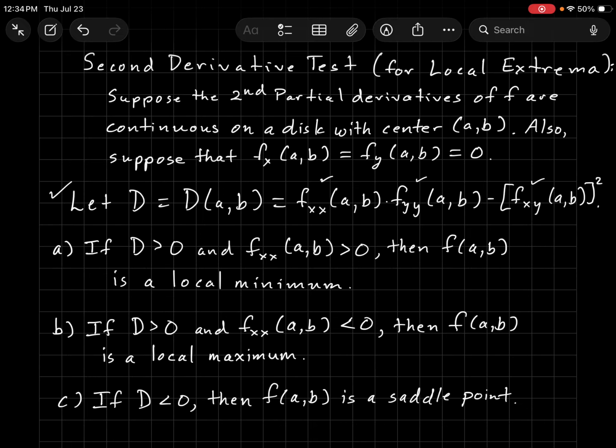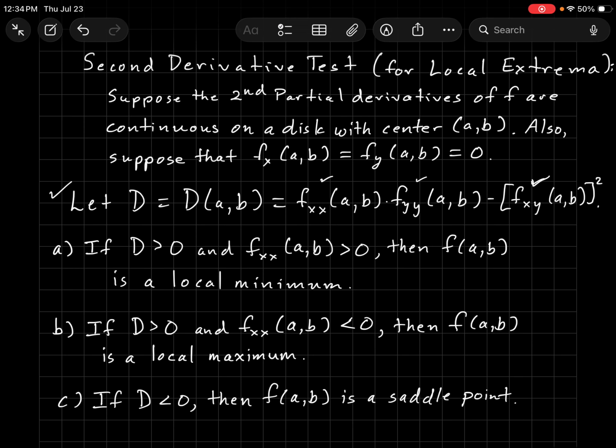And just a quick note, when the second partials are continuous, then f_xy equals f_yx. So it's really f_xy times f_yx, but we simply put f_xy squared. Okay, so this is how we define D. Now we have certain other conditions we have to look at.